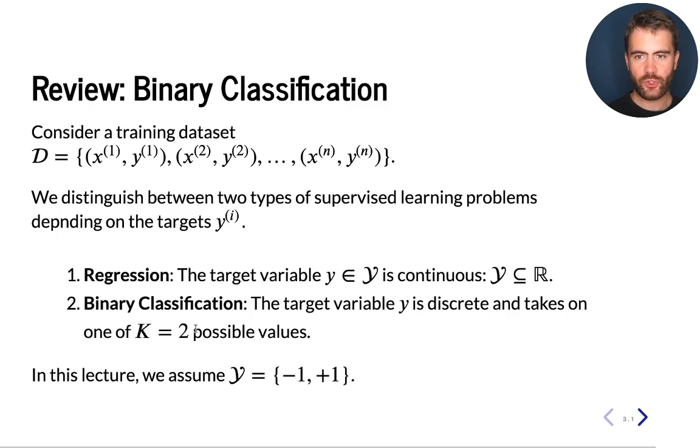In this lecture, we're going to introduce additional notation: we're going to denote these two classes by +1 and -1. Before, we used to denote them by 0 and 1, and in this lecture, we're going to use -1 and +1, and that will make some of our mathematical derivations a little bit simpler.